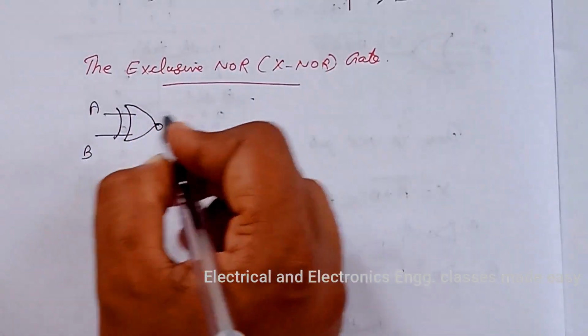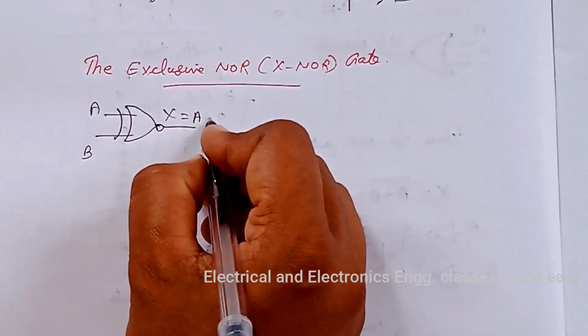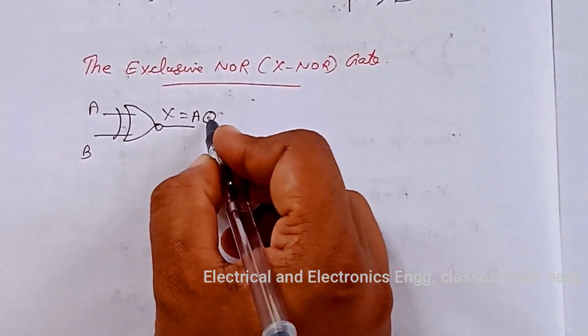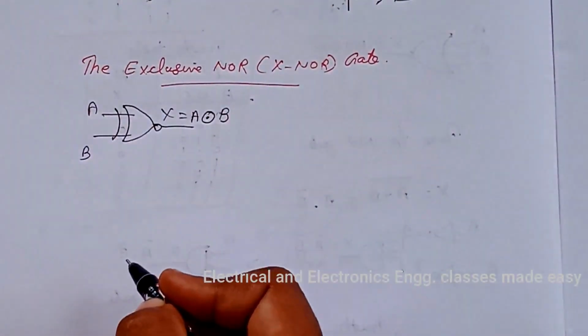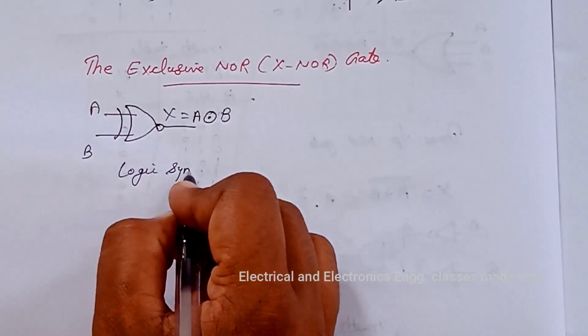That is, A, B, output is X is equal to A XNOR B. This is the logic symbol of XNOR gate.